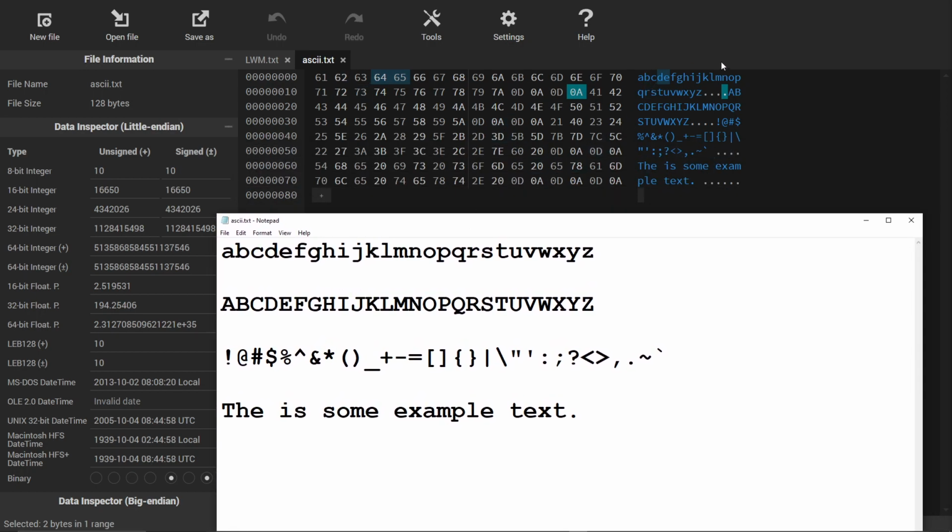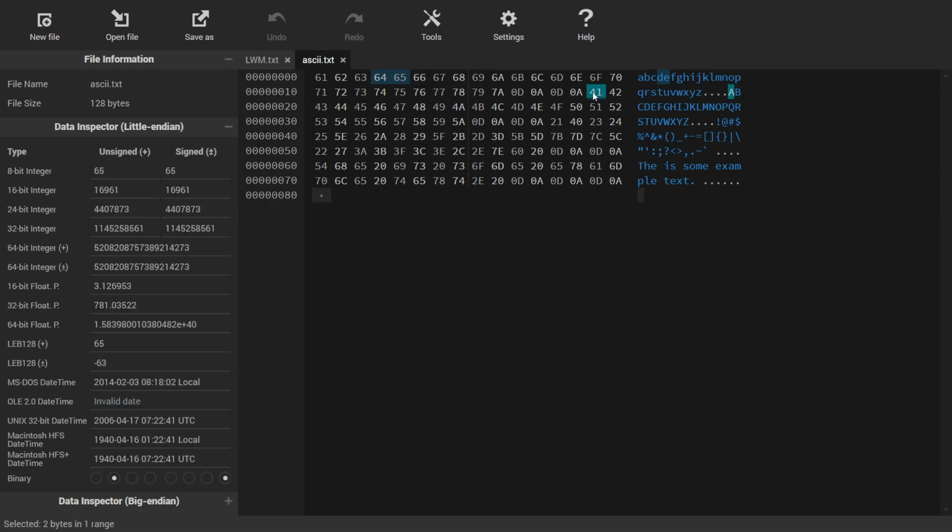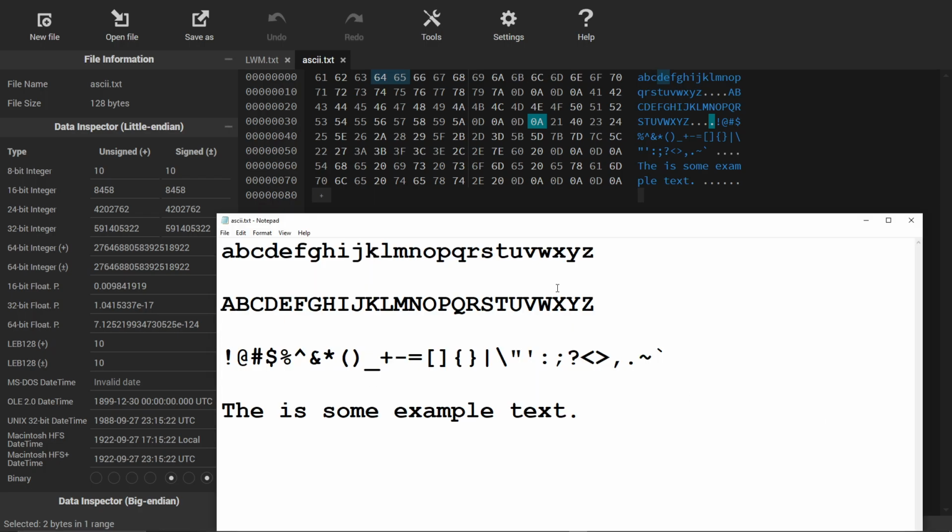And then you'll notice we're starting with A. So that's 41, 42, 43, 44, right? And these are all the uppercase letters. And then lo and behold, we have that 0D, 0A, 0D, 0A. Got that new line with the extra space, right? So here we are. 0D, 0A gets us here. 0D, 0A gets us there. And then we have all of these special characters.